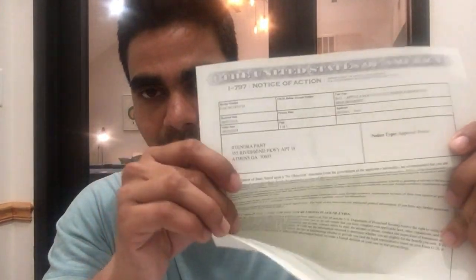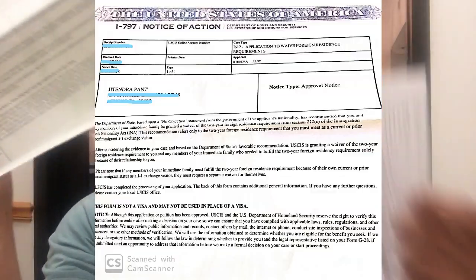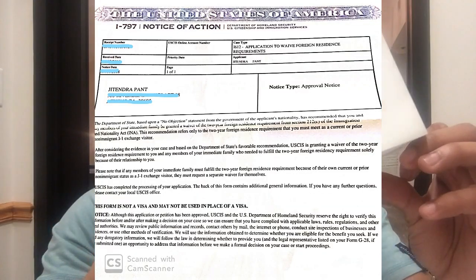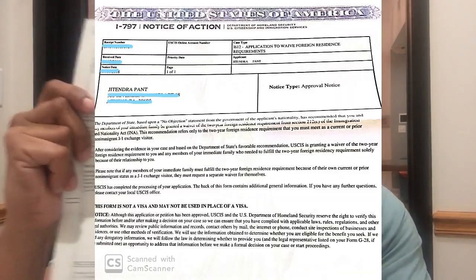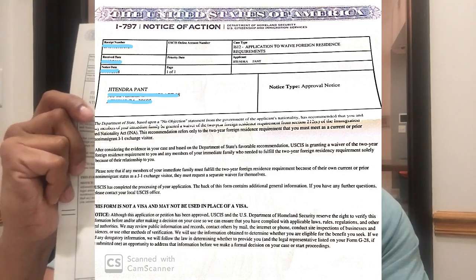And after this you will get a final certificate which is called Notice of Action. This will come about a few weeks after you have received this notice. So this one is called I-797C, and this one, the final document, is called I-797.